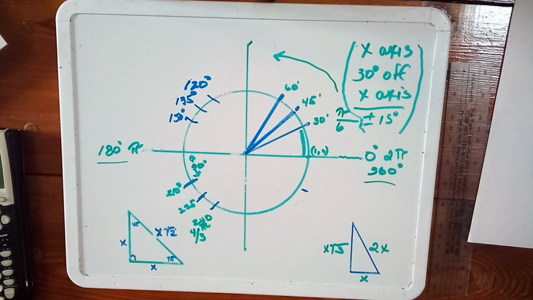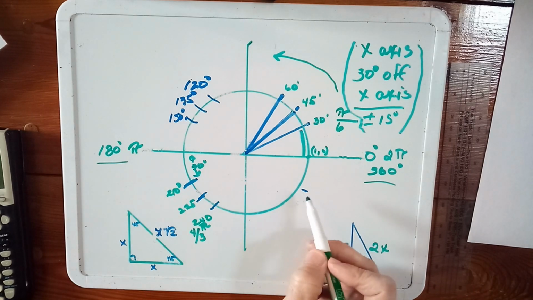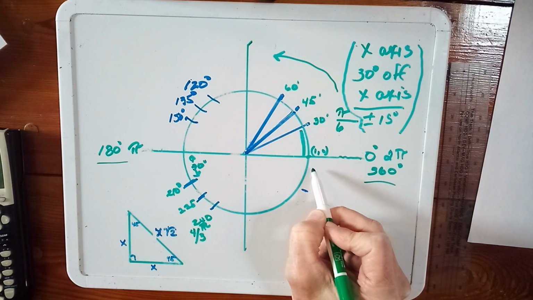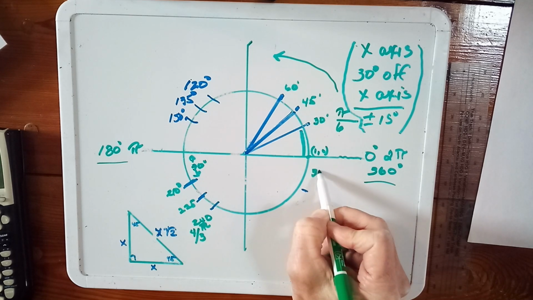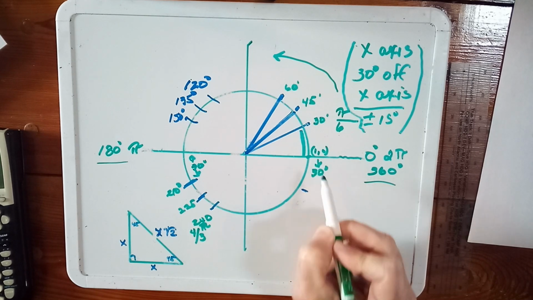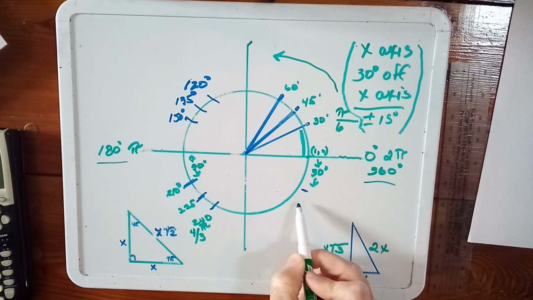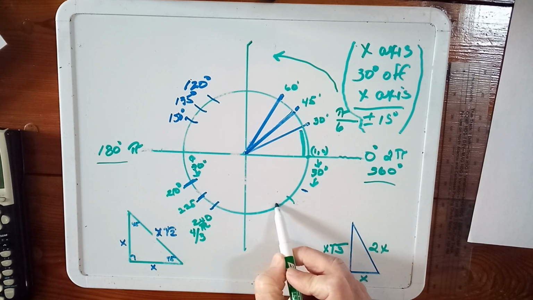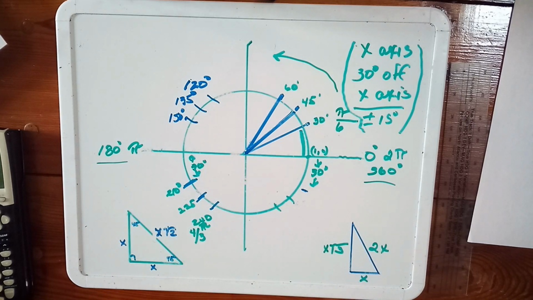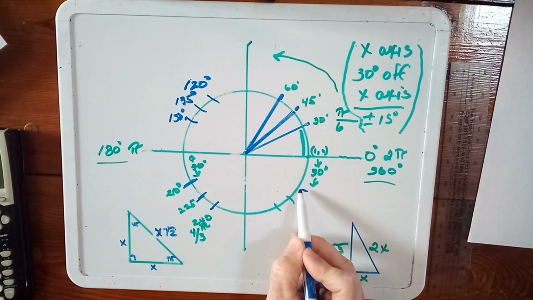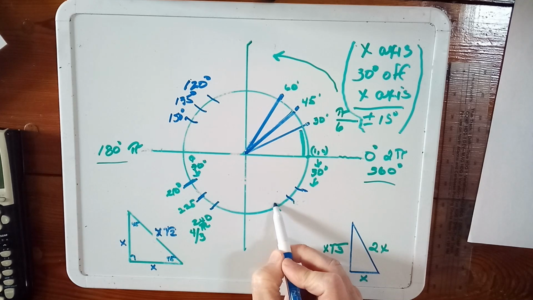All right, so going to quadrant 4, it's the same deal. Nothing new. I'm 30 off. I know I'm going to have 3. 1, 2, 3.